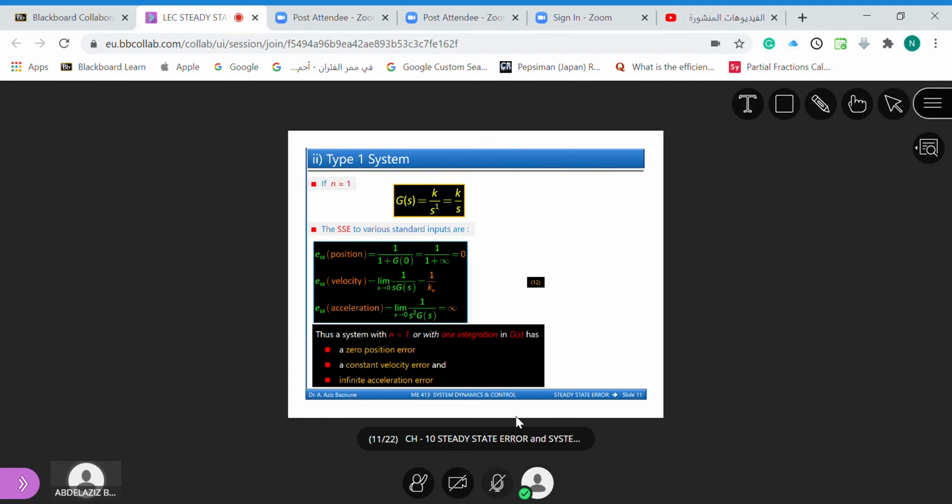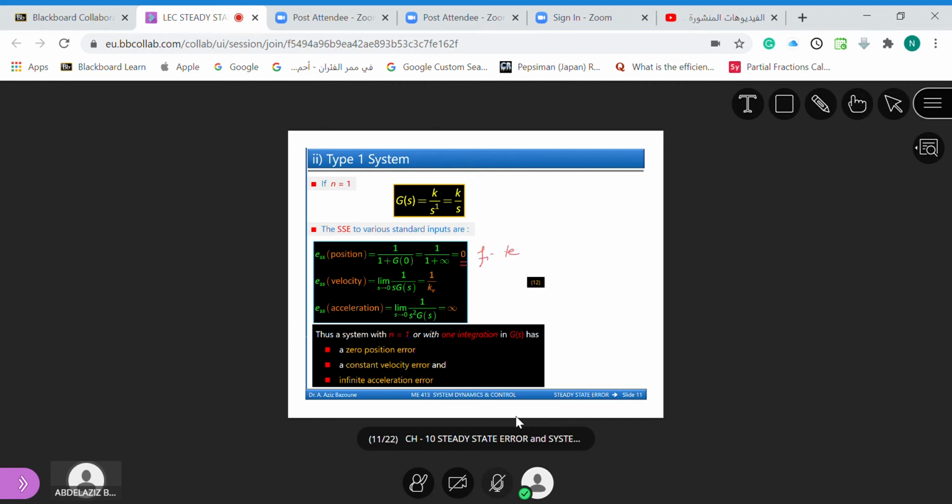For a type 1 system, G of s will be k over s to the power 1, or k over s. If we write our G0, it will be k over 0, so G0 will be infinity. So 1 over infinity will be 0. It is finite.